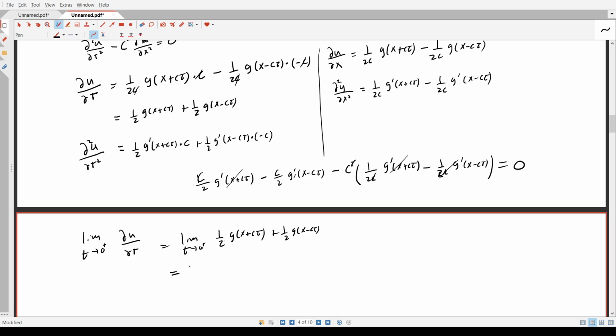Okay, so if we plug in 0, this is a continuous function, nothing weird happens at 0. If I plug in 0, this just becomes 1 half g of x plus 1 half g of x, which is equal to g of x. And this is what it asks us to show.